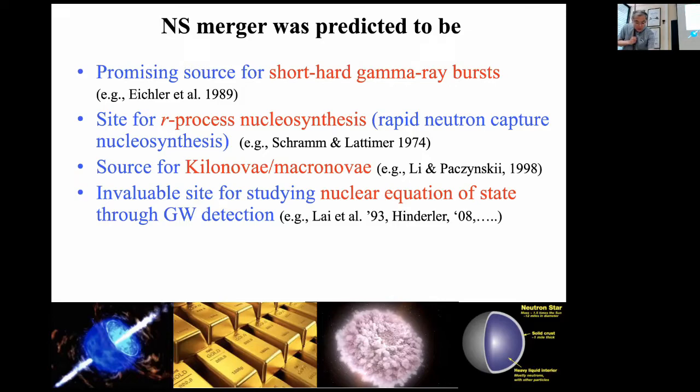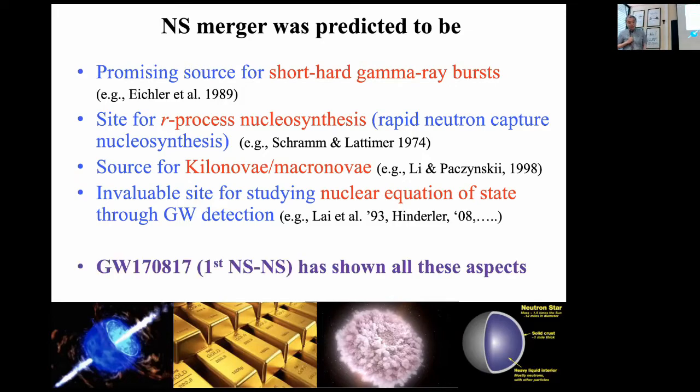And what was nice is that in 2017, the first neutron-star merger event, GW170817, was discovered.